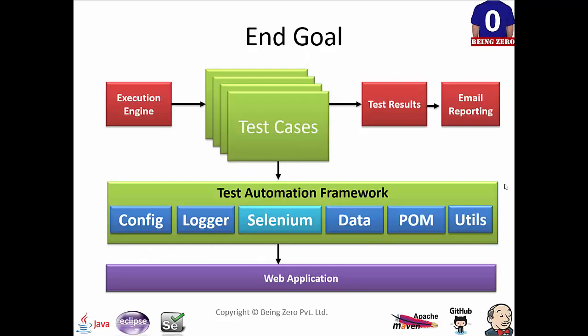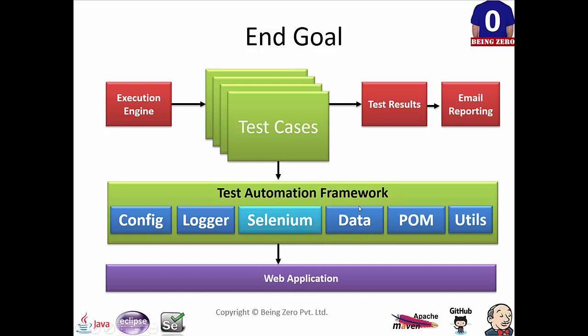Now basically whenever we build an automation framework, we start with a set of manual test cases, then we automate them using Selenium, and then based on various needs of a bigger web application, typically we need to structure our automation in the form of a framework.